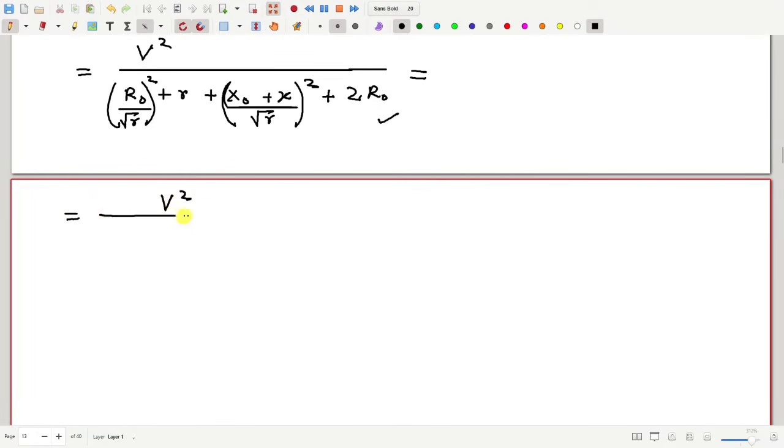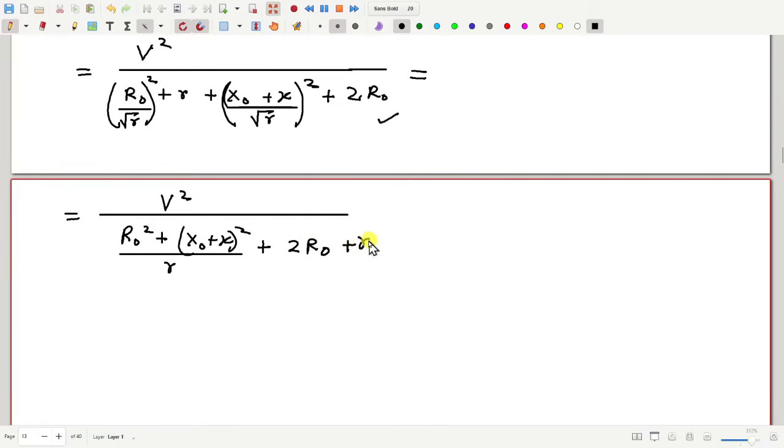I think it was correct, sir. Yeah, still let me do one more. R naught square plus x naught plus x whole square divided by r, plus 2 r naught plus r.